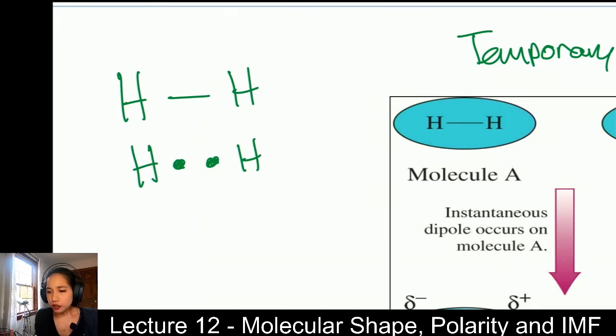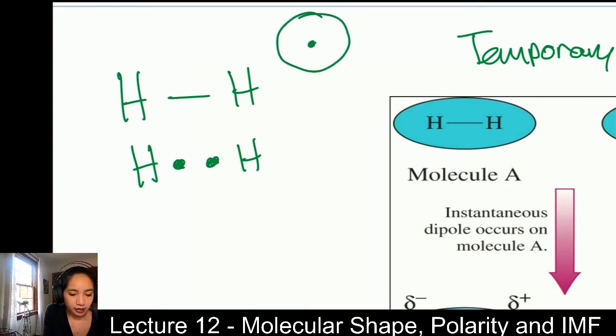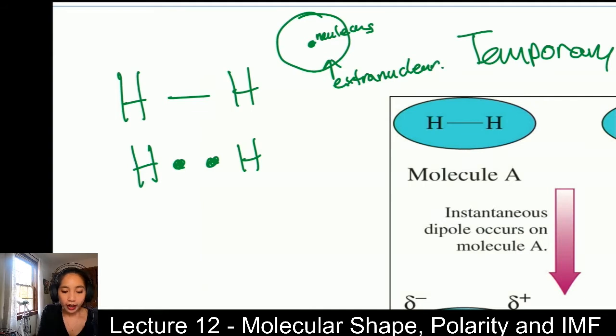So Lewis structures are just one way for us to represent molecules. But the problem with Lewis structures is, as you look at this, it looks like these electrons holding together these hydrogen atoms are stationary, but they're not. Remember our definition of atoms, that we have a nucleus in the center, and then we have this extranuclear region where the electron can be anywhere within that extranuclear region, that the electron isn't just stationary, it's actually moving around.